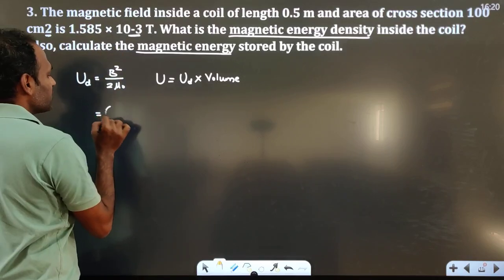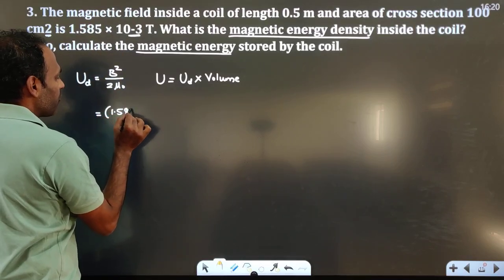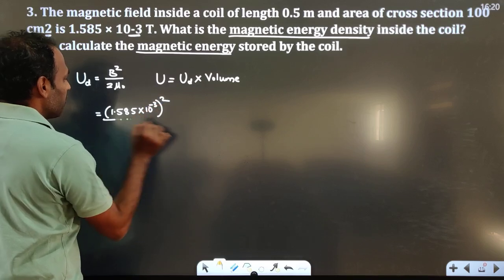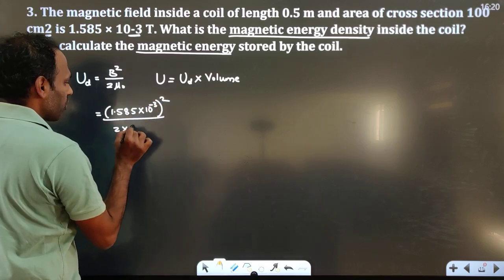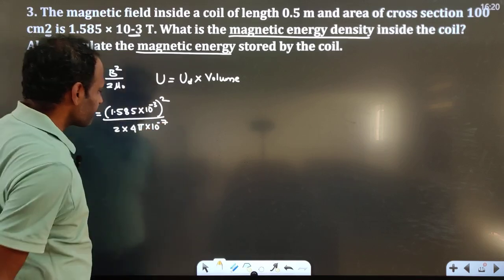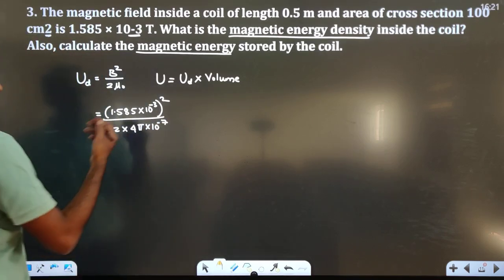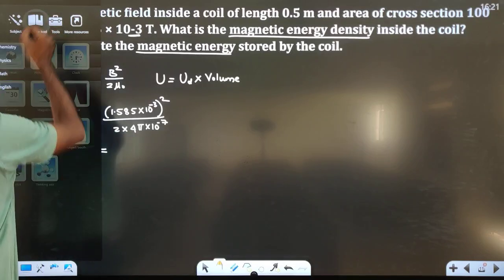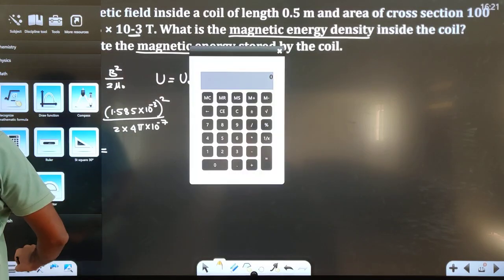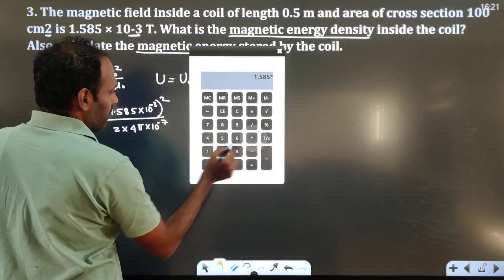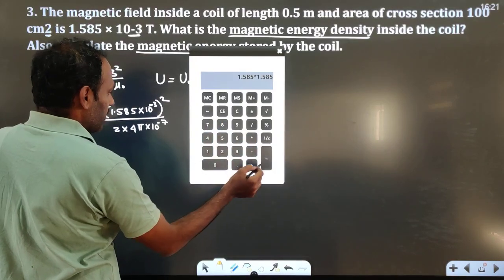B square, B is 1.585 into 10 to the power minus 3 whole square divided by 2 into mu naught. Mu naught means it will be 4 pi into 10 to the power minus 7, right? Okay, now you simplify this. Okay, let us simplify. 1.585 into 1.585, correct?